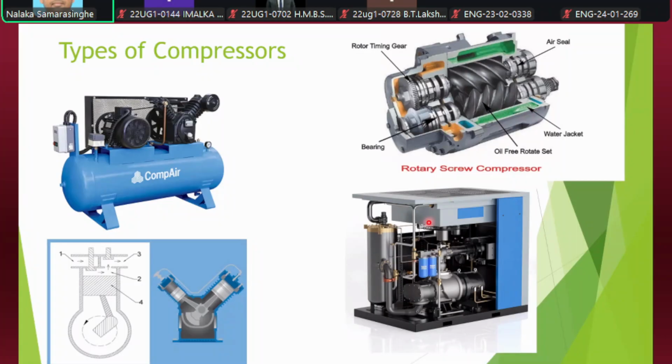As you can see, a complex operation is going on here. Usually some lubrication is necessary, so there's an oil pump, and there's an oil separator circuit inside as well. Because when you are taking out compressed air, that should not contain oil.